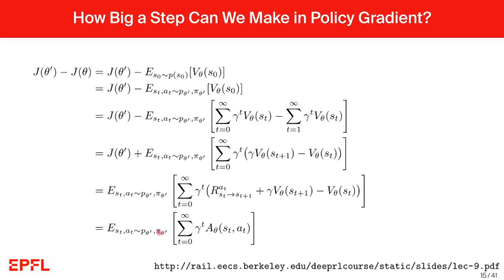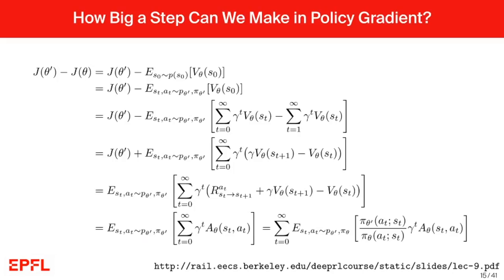Now, what is still somewhat special here is that inside the expectation, everything just depends on parameter theta, but now outside the expectation is actually taken over trajectories that are sampled from the policy with parameters theta prime.